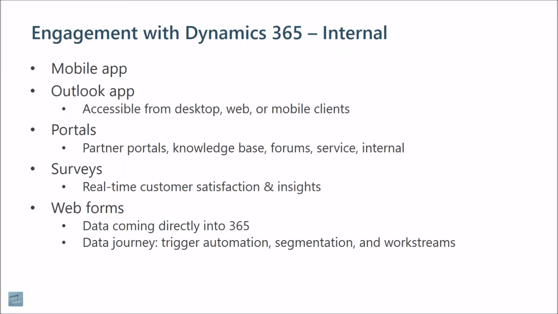So all of the bullets that we see here, all the concepts that we see here, are tools, applications, bits of the system that we can use to engage with our customers, to maximize that ability to get multi-channel customer touch points, whether that's in person using the mobile app when we're with customers, or setting up a portal for internal teams to use.